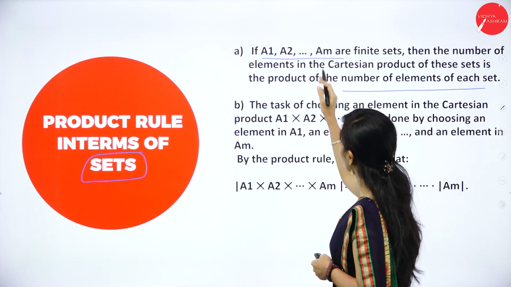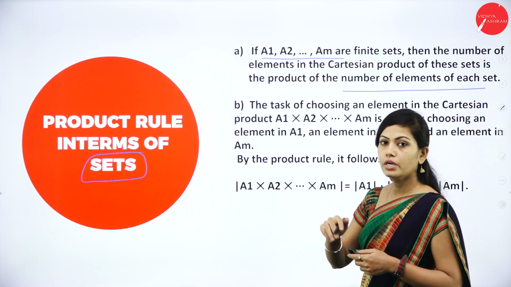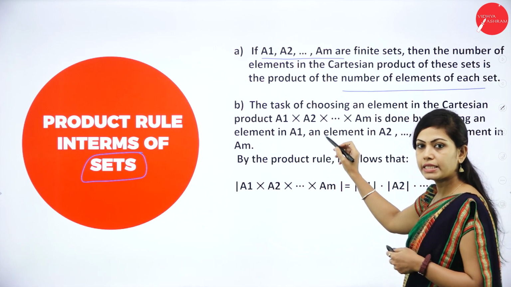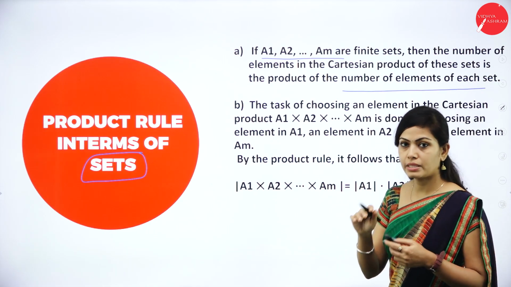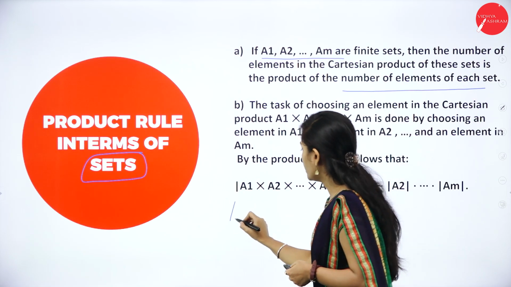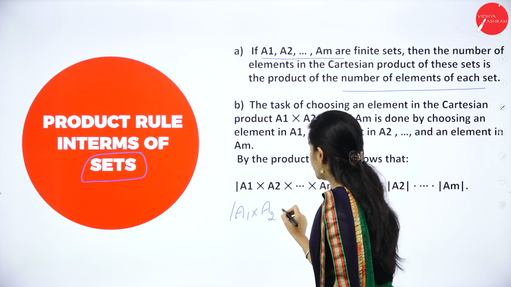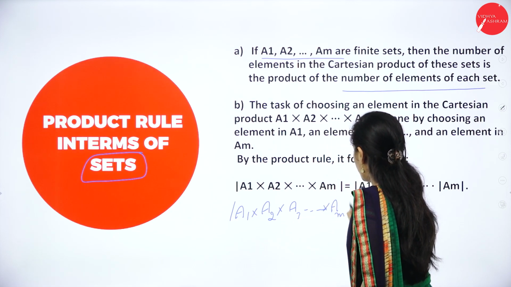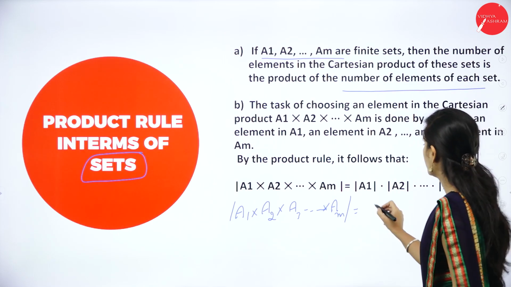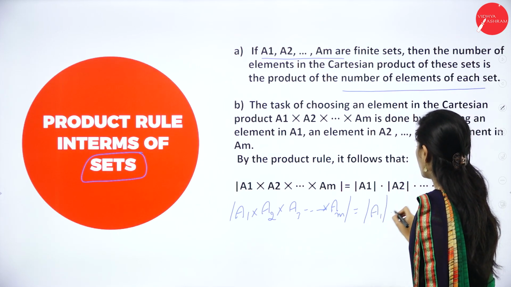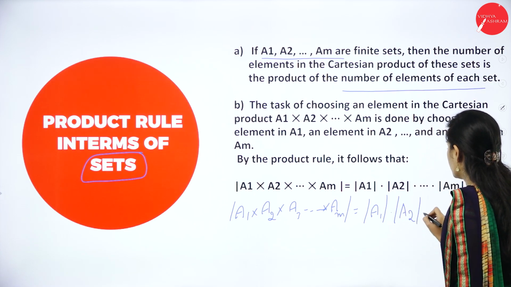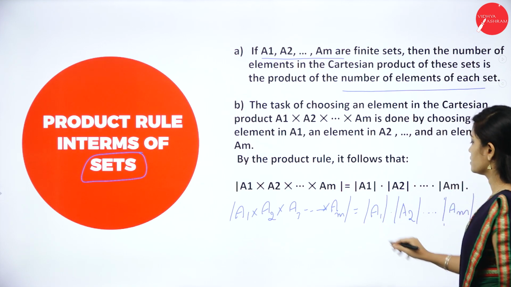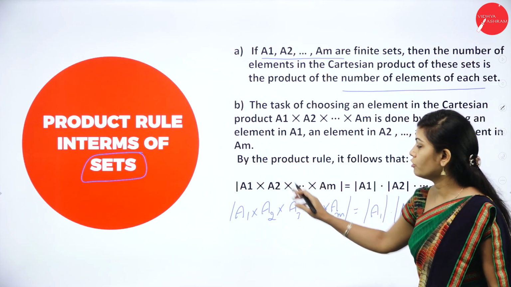The task of choosing an element in the Cartesian product A1 cross A2 cross A3 up to Am follows the product rule: mod A1 cross A2 cross up to Am is equal to mod A1 dot mod A2 dot up to mod Am. So this is your product rule in terms of sets.